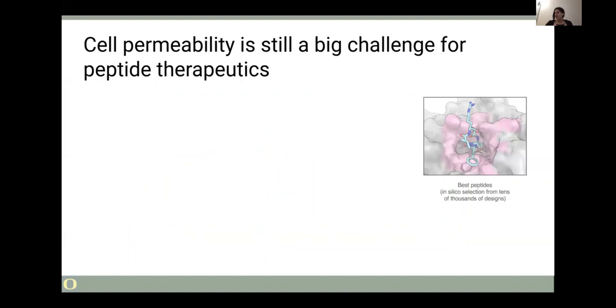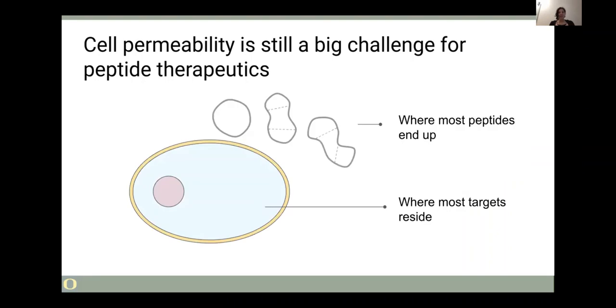Another challenge that peptide therapeutics almost always face is the permeability problem. You get a peptide, you're excited, it binds really well, either from your library screening or your design, and then you end up being outside the cell. And you're like, okay, what can I do? Because my target is inside the cell.